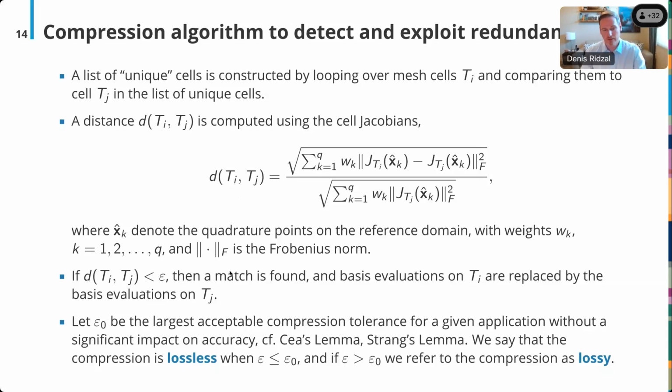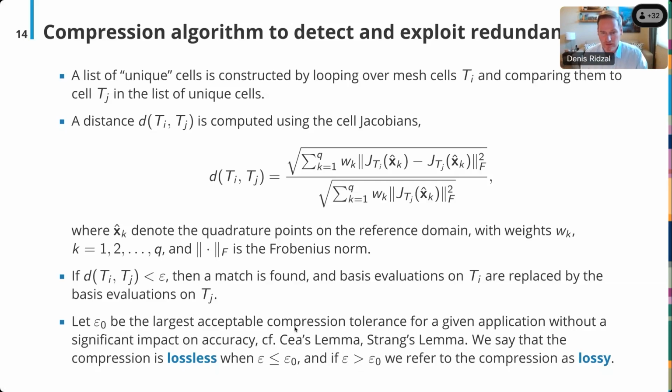In addition to this, we distinguish between lossy and lossless compression. And so we let epsilon naught be the largest acceptable compression tolerance for a given application without significant impact on accuracy. And there's always such a number due to Say's lemma or Strang's lemma. And we say that the compression is lossless when this epsilon is less than or equal to epsilon naught, and it's lossy if it's greater.